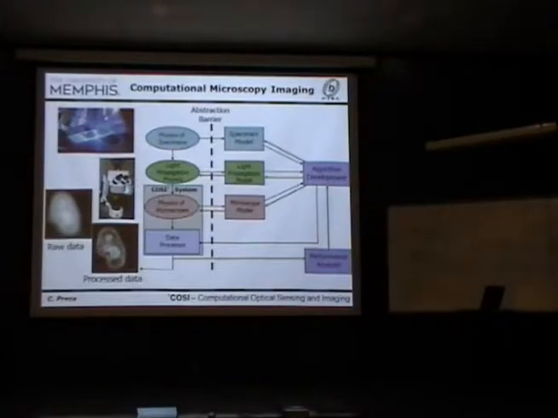And not only can I see the structures better, but hopefully I see structures that are real, and not artifacts generated by my program. So in order to answer those questions, there is another box here that's very critical, and that's the performance analysis. So I need to have a way to test the validity of these results. Okay, so I'm going to talk about this a lot more today.